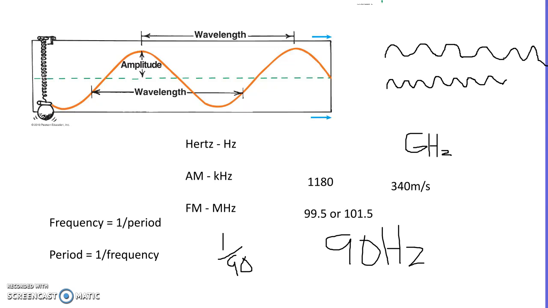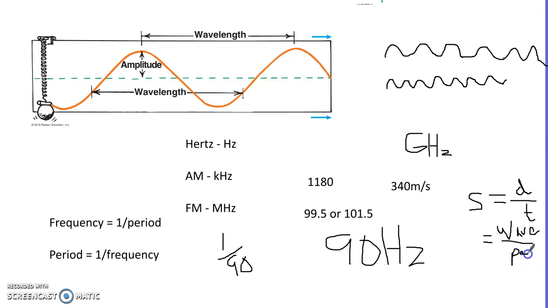All right. Now, if we talk about the speed of a wave, we learned earlier that speed is equal to the distance that it travels divided by time. So for a wave, the speed is equal to the distance it travels, which is the wavelength, divided by time, which has to do with the period.